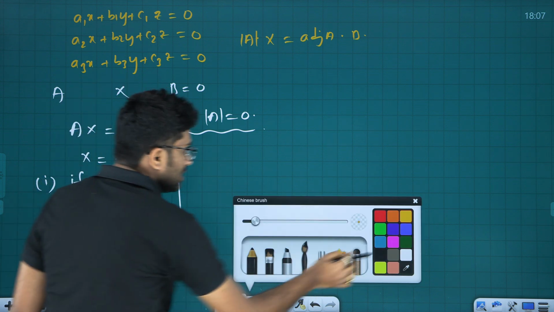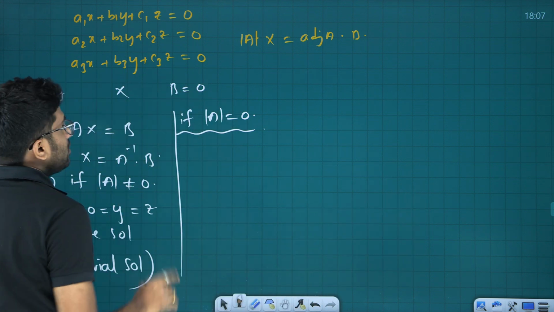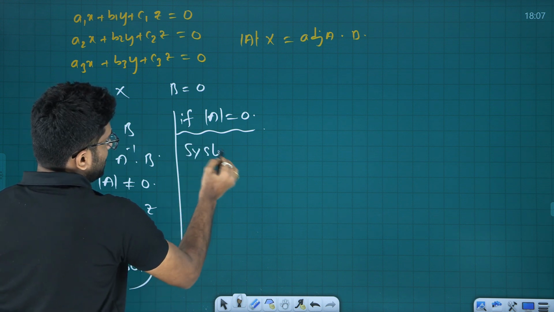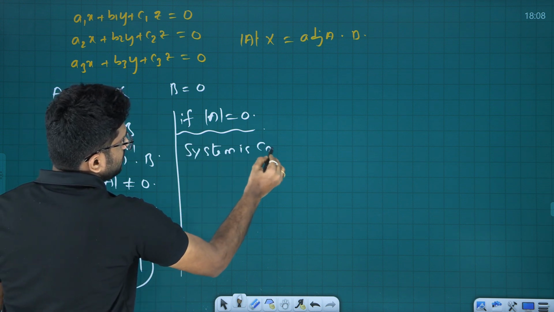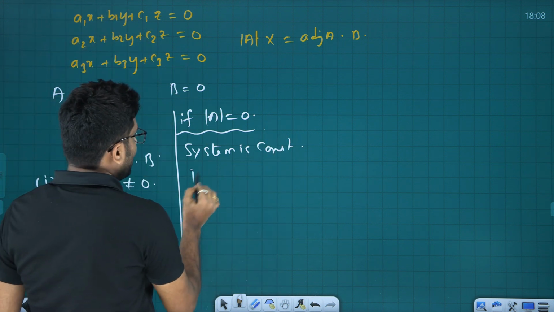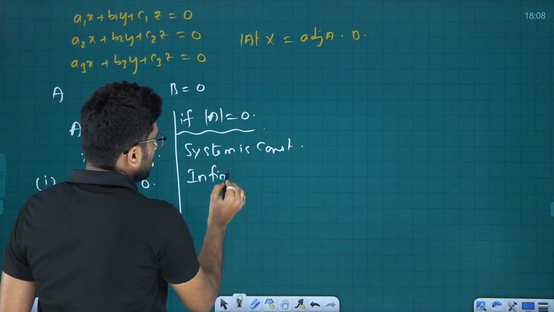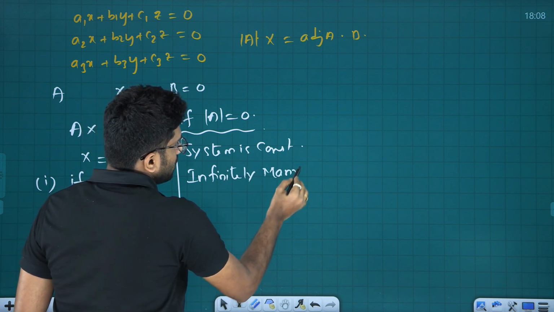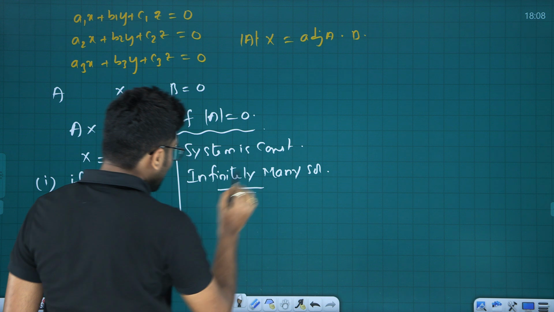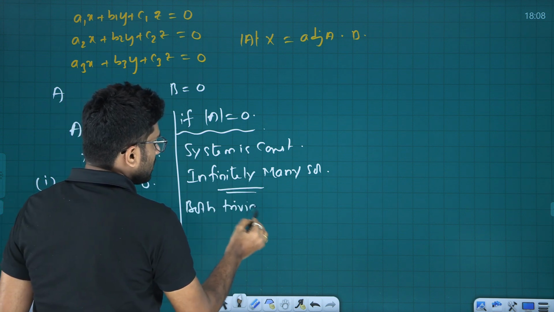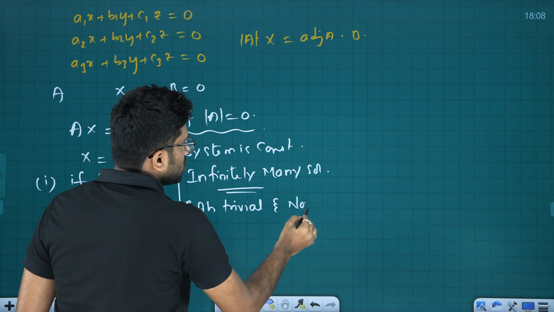So that means, friends, the system is consistent and has infinitely many solutions. And in this case we say both trivial and non-trivial solutions we get.